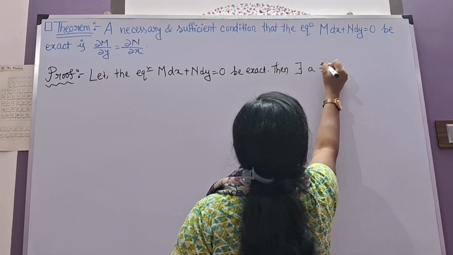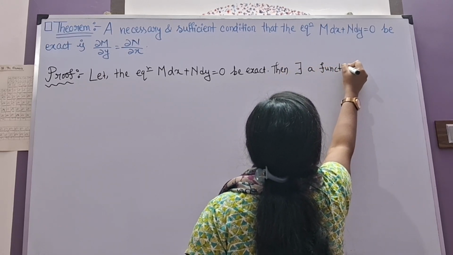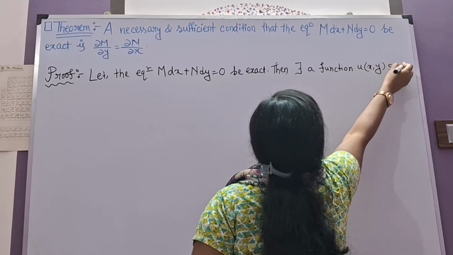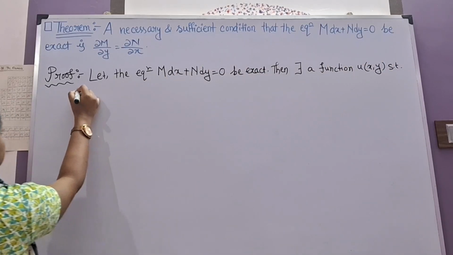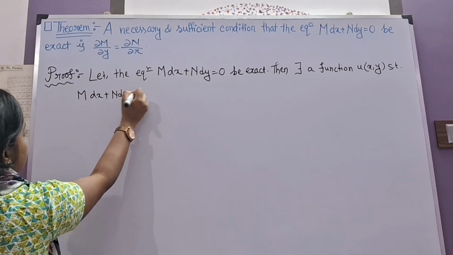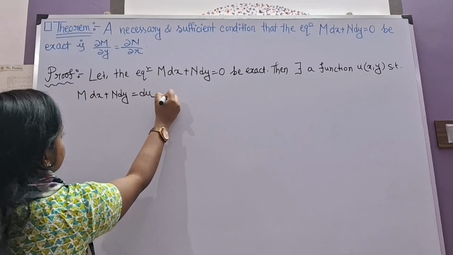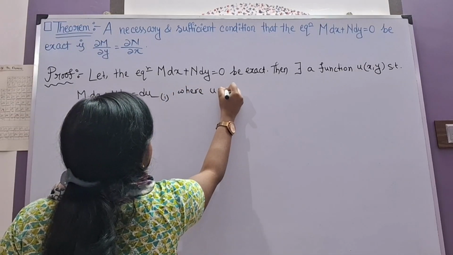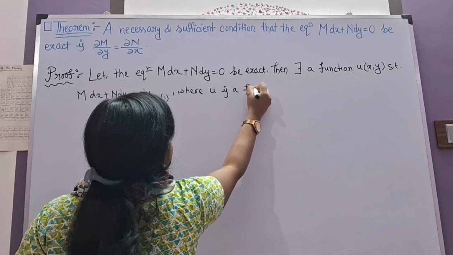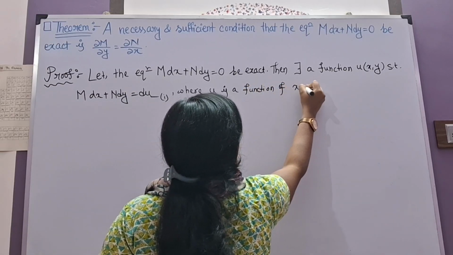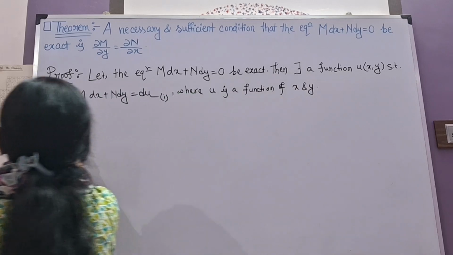There exists a function u of x comma y such that M dx plus N dy equal to du, where u is a function of x and y.